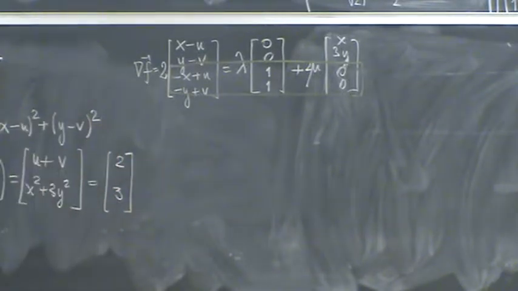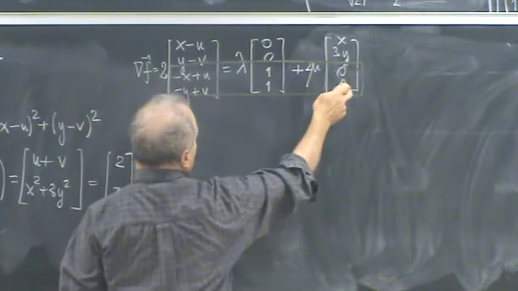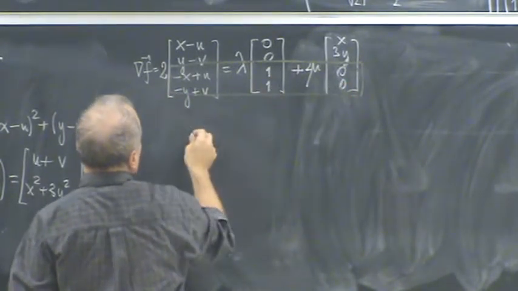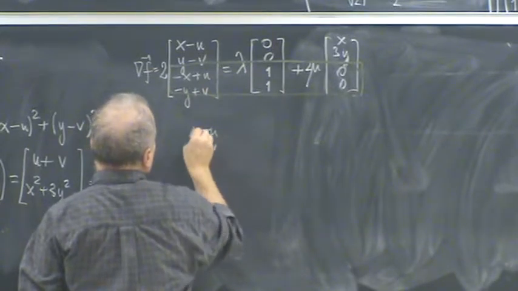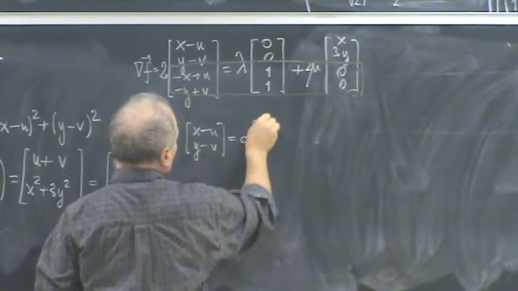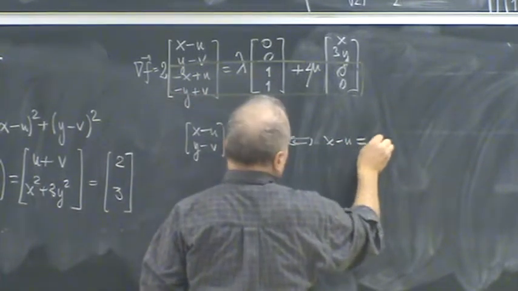Negative x plus y equals negative y plus 2. Right, so because you have zeros here, you conclude that x minus u and y minus v are a scalar multiple of 1, 1, which means x minus u equals y minus v.